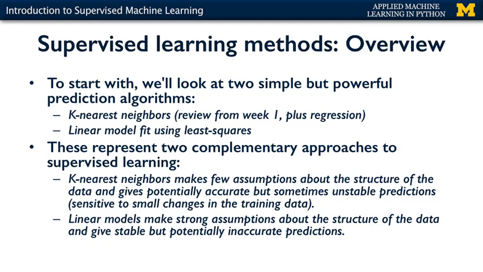In addition to k-nearest neighbors and linear models, we'll cover a variety of widely used supervised learning methods for classification and regression, including decision trees, kernelized support vector machines, and neural networks. For each method, we'll explore how it works at a high level without going into too much mathematical detail. We'll also look at what kind of feature preprocessing is typically needed.